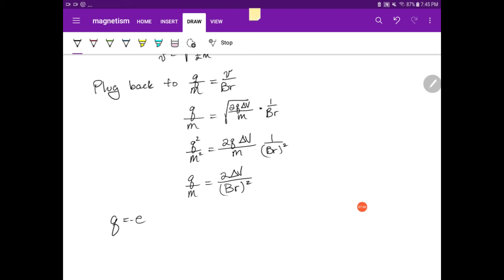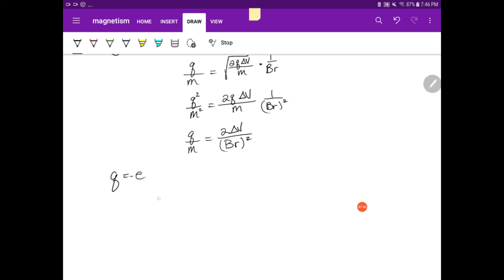But we're going to just deal with magnitudes here because the direction of everything is constantly changing as the electron goes around in a circle. And so we can just think of this as the magnitude of E over M is 2 times delta V over B R squared.